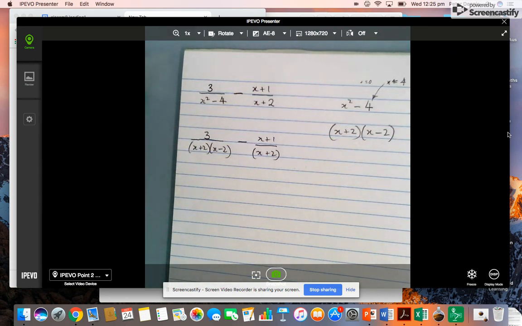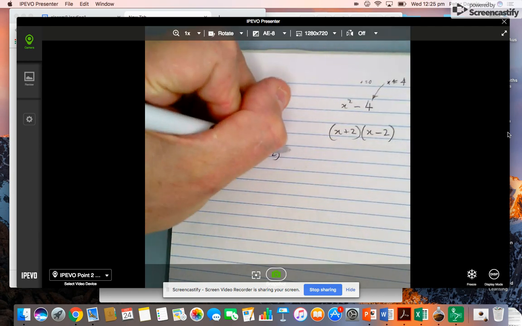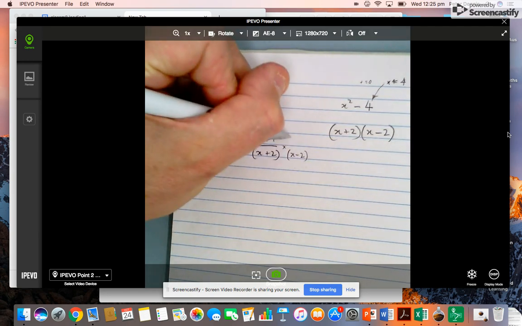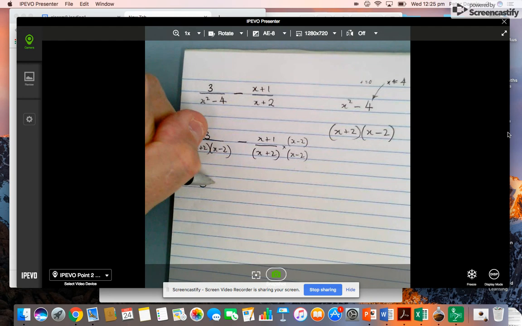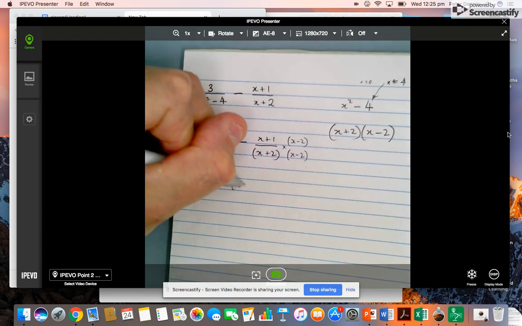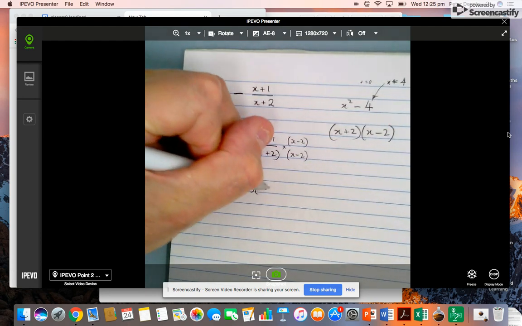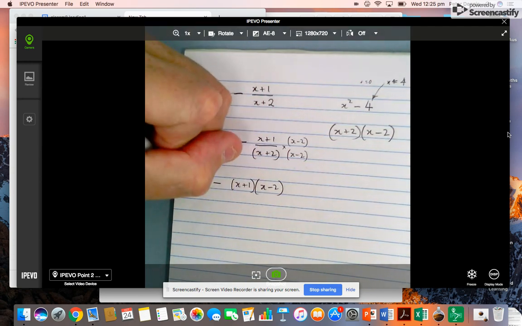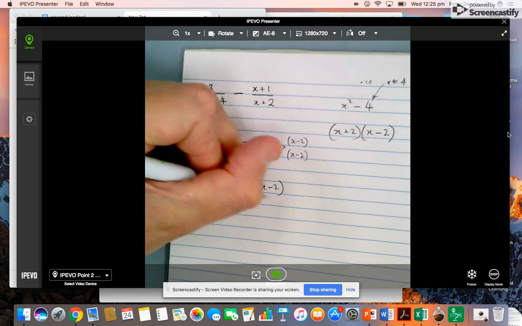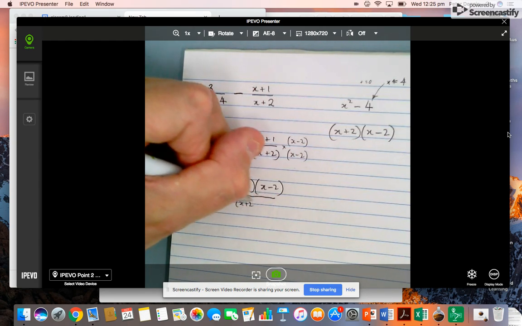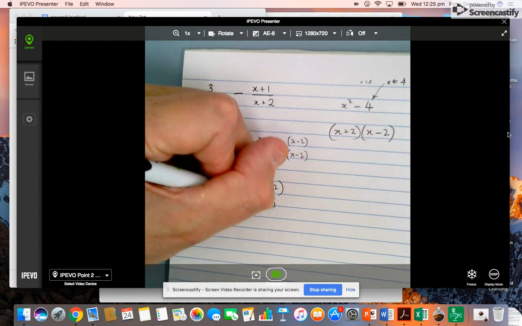So all we really need to do is multiply this by x minus 2 over x minus 2. Okay, so what we're going to end up with is 3 minus x plus 1 times x minus 2, and that's going to be over our common denominator of x plus 2, x minus 2.